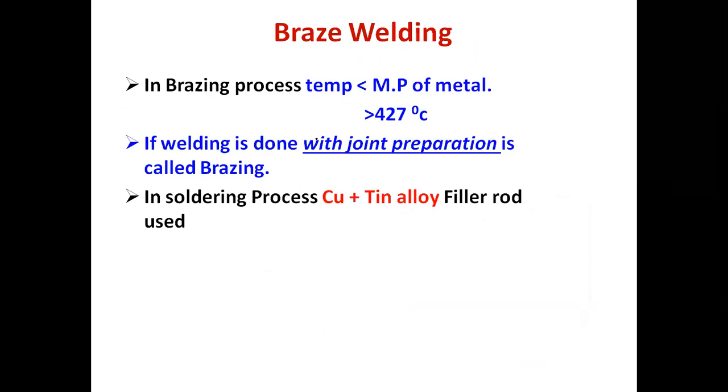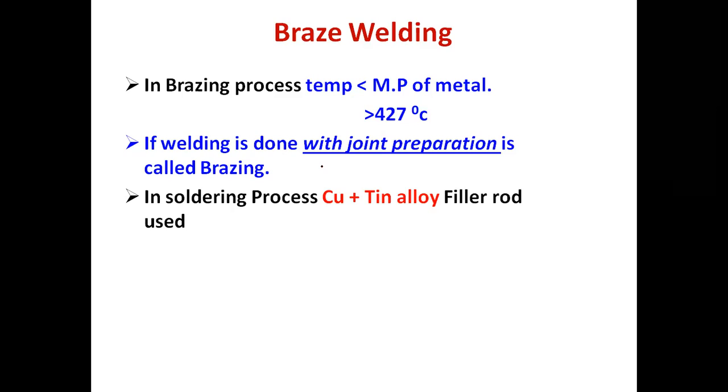This is what we have seen about the welding. Now we will see the welding defects. The common defects in welding are residual stresses and distortion in an assembly.